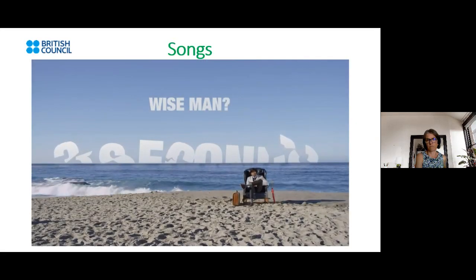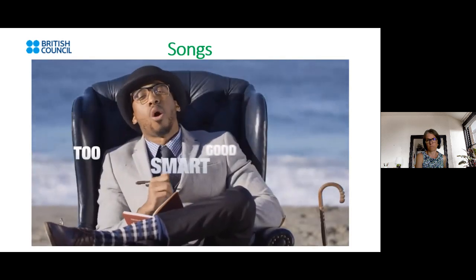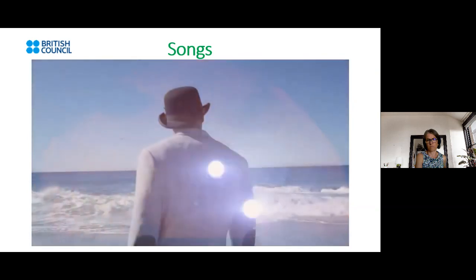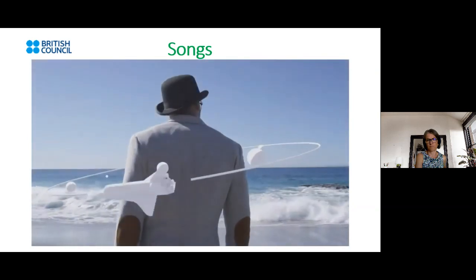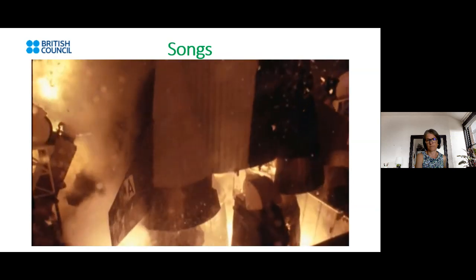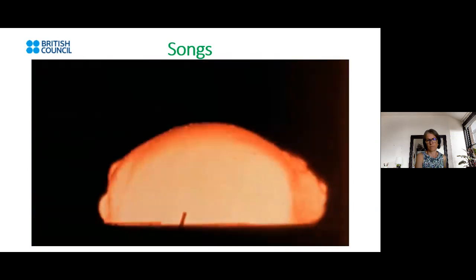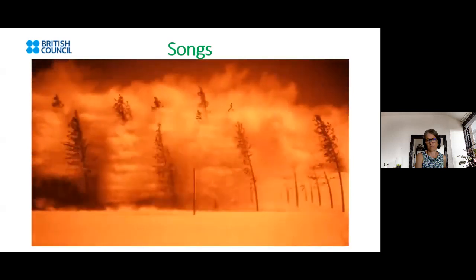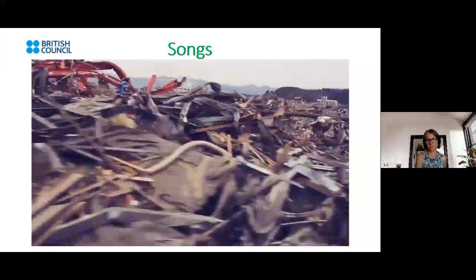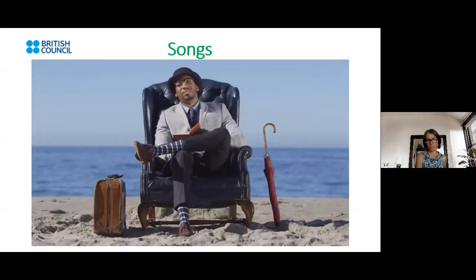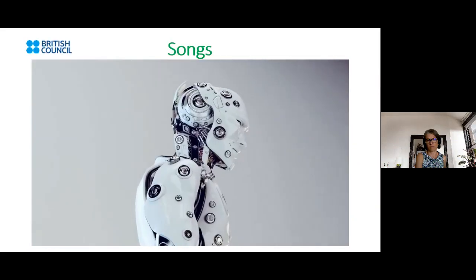But is man really so wise? Smart, yes, and it's good to be smart, but not too smart for your own good. Yes, we have split the atom. Yes, we build clever machines that navigate the universe in search of new homes, but at the same time, those atoms we split created nuclear warfare. In our quest to explore the galaxy, we reject and neglect the home that we have here now, so no, that cannot be wisdom. Wisdom is different.